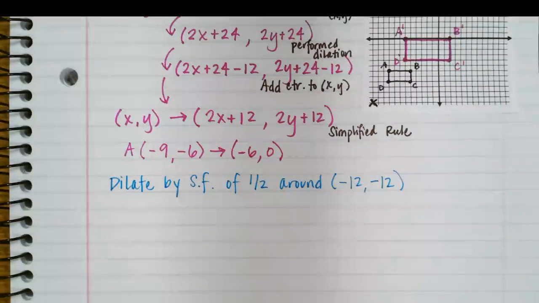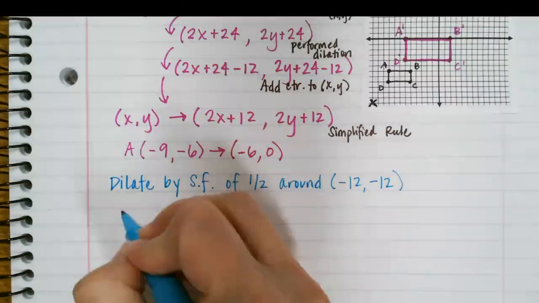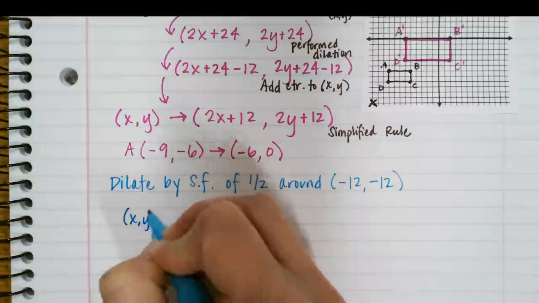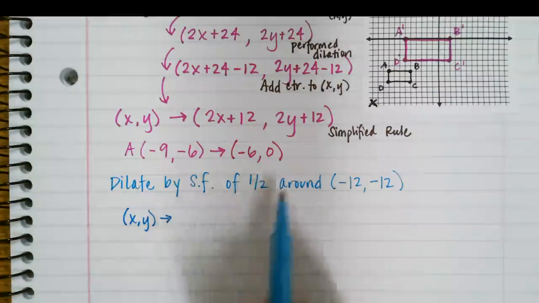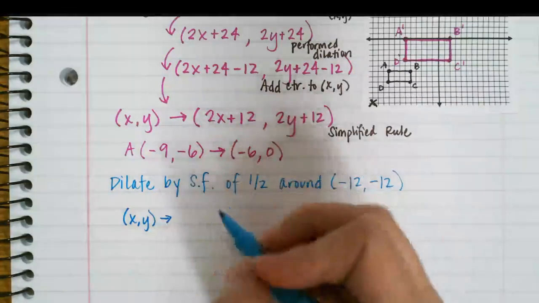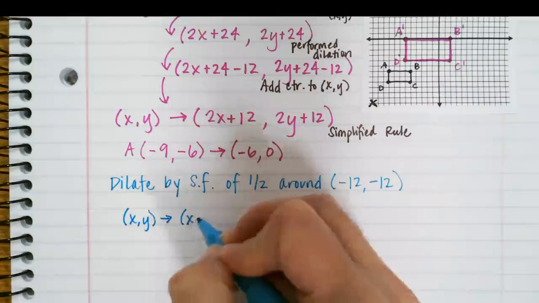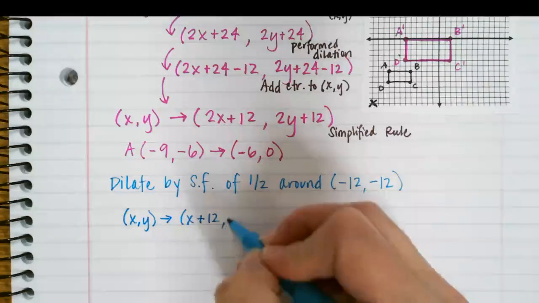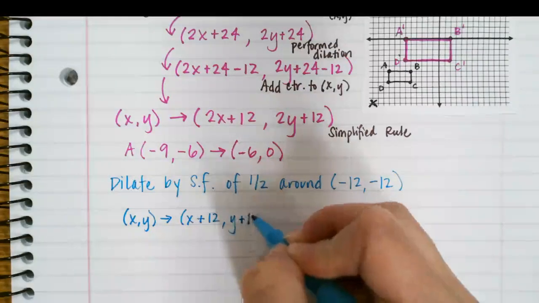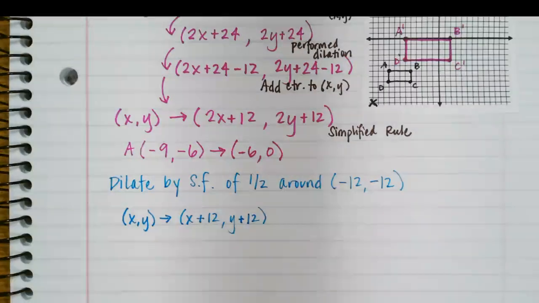To do this algebraically, here's what I'm going to do. I'm going to take the point x, y and subtract the center from it. So x minus negative 12 and y minus negative 12.